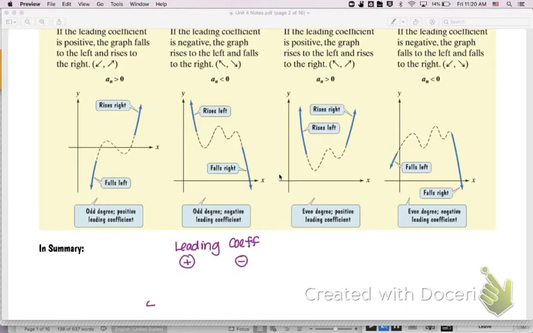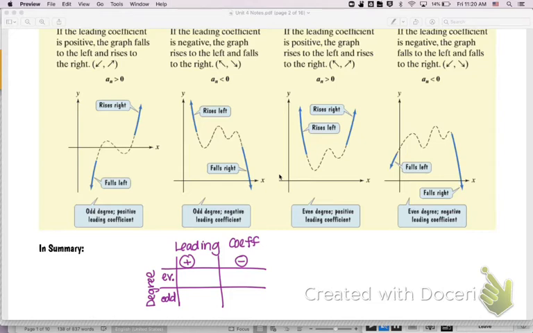And then we want to look at the degree and decide if it is even or odd. If we have an even degree and a positive leading coefficient, think about a parabola, squared, so it's even.